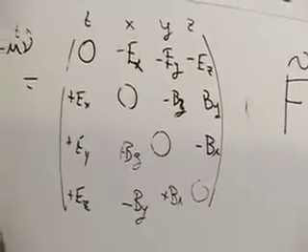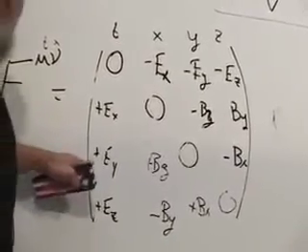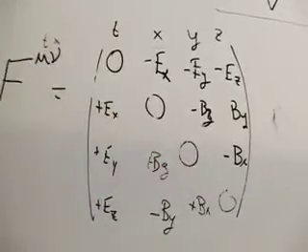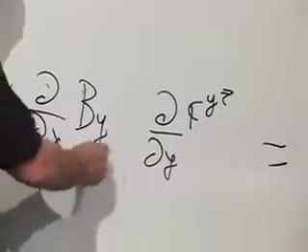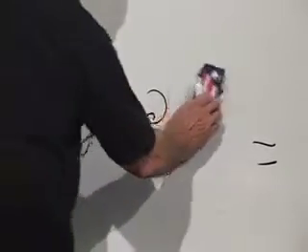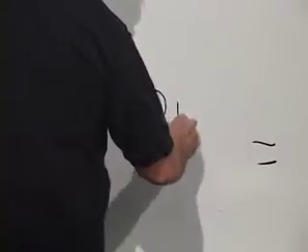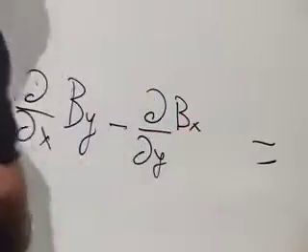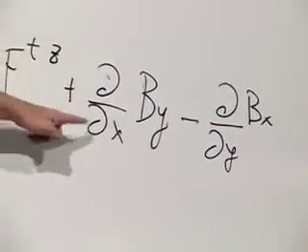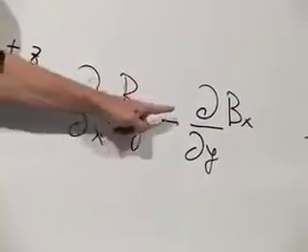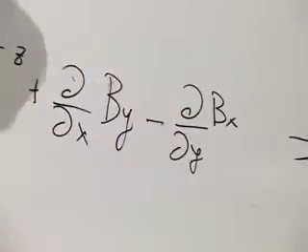For that, we go to the y row to the z column, and that's minus B sub x. So that gives us minus B sub x. Well, that's looking good. This is d by dx of B y minus d by dy of B x.